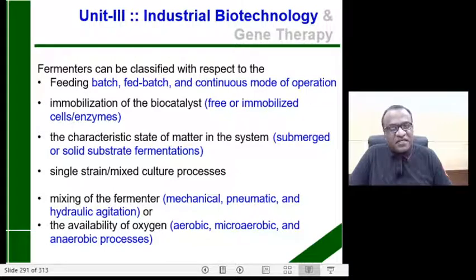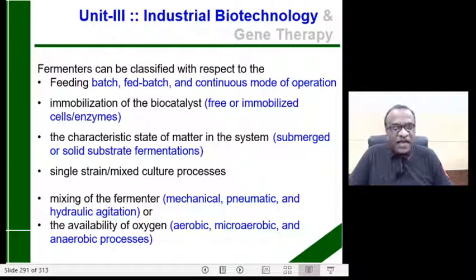And fermenters are classified with respect to several factors. Number one, feeding. It can be batch mode, fed batch mode, and continuous mode of operation. Number two, immobilization of the biocatalyst. Can be free or immobilized cells or enzymes.